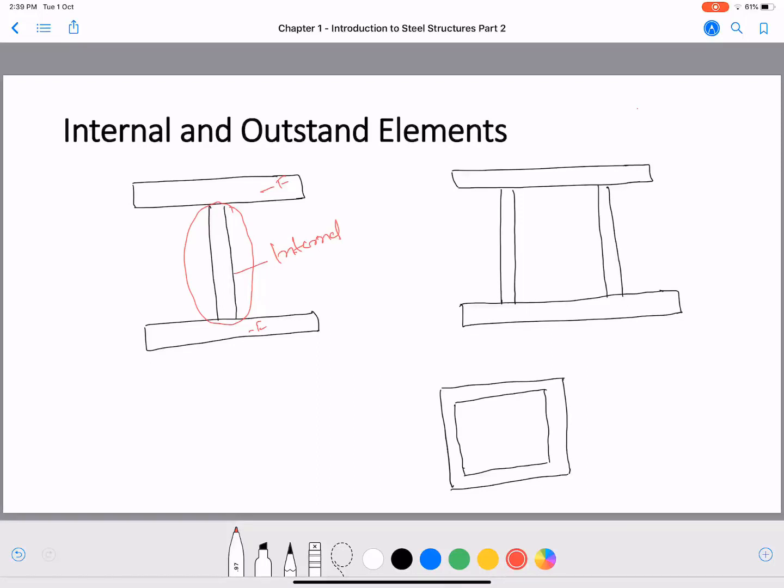Now the outstand element is considered to be supported along one edge and free on the other edge. This side is free, and this side is supported by this web. So this element is called an outstand element.